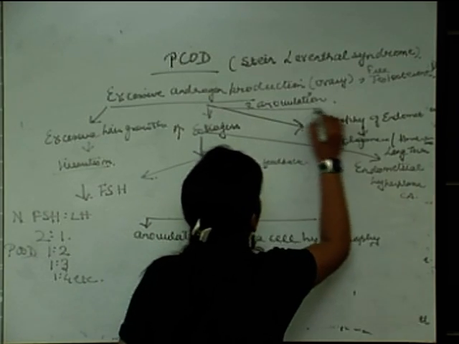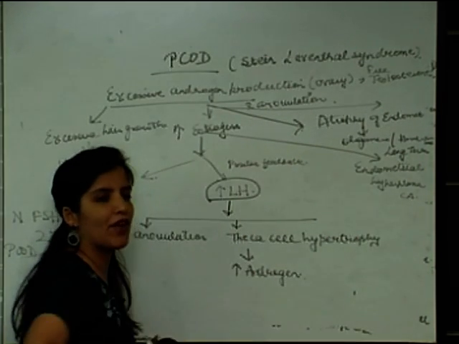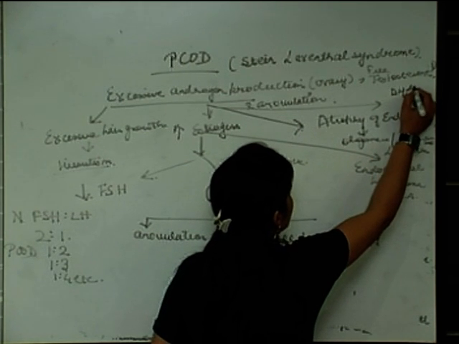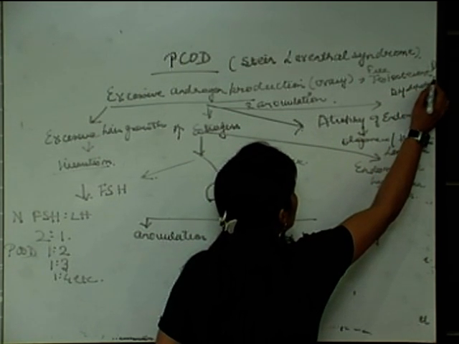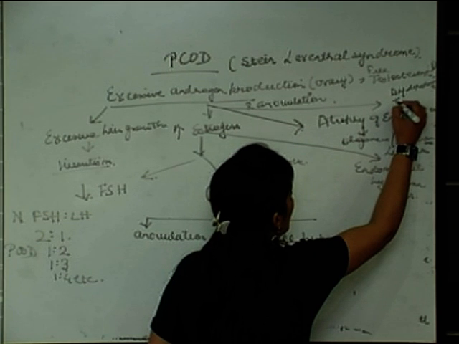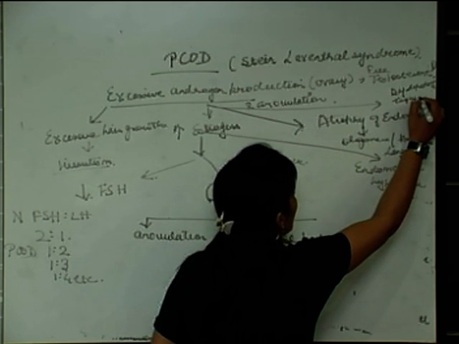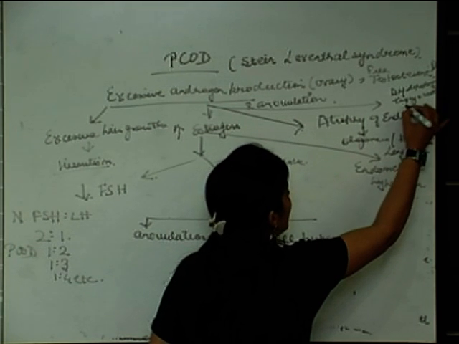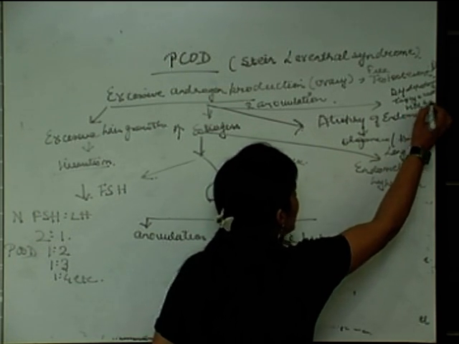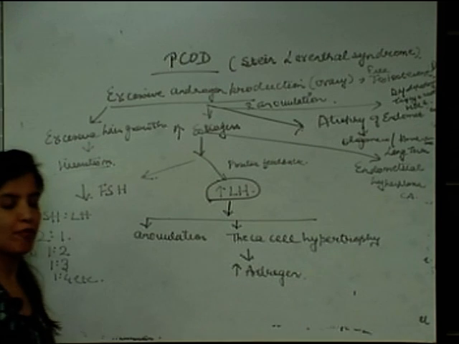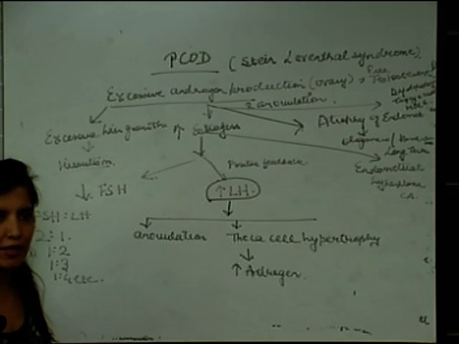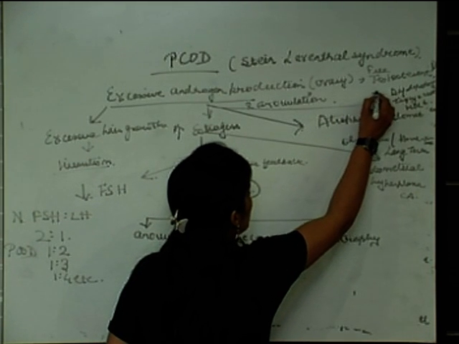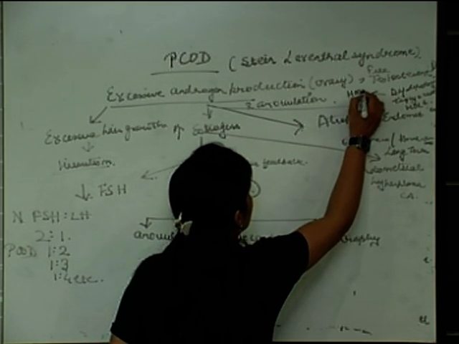And number 3, because of excessive androgen production, there will be dyslipidemia. That means the levels of triglycerides and VLDL increase, whereas the levels of HDL decrease. So because of this dyslipidemia, in future it can lead to heart disease.